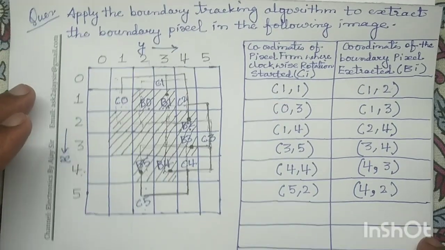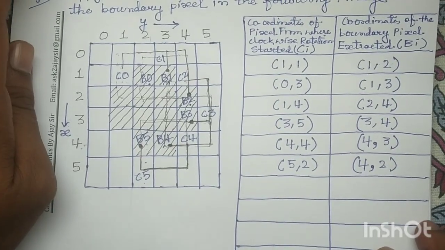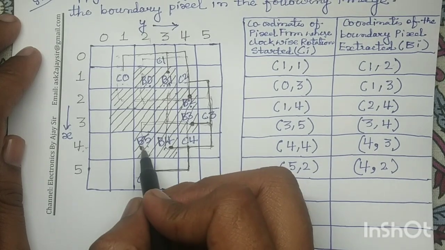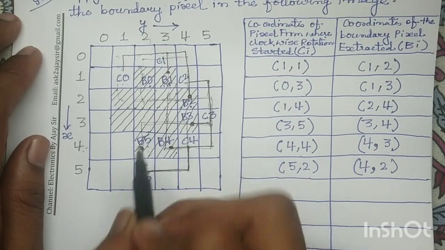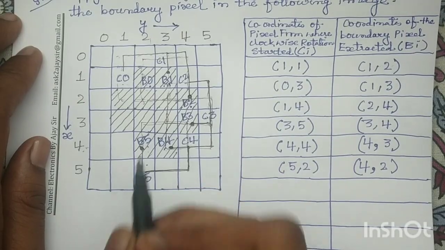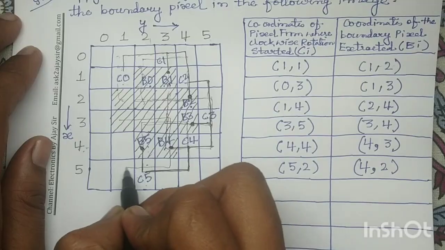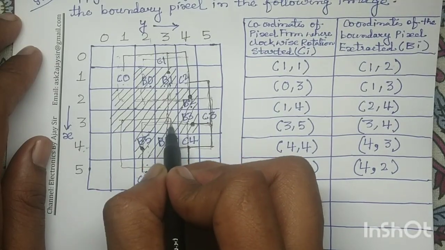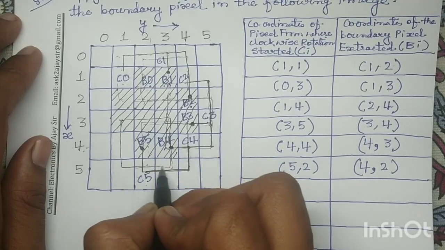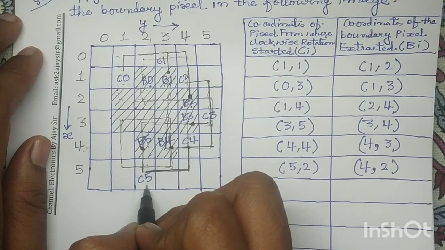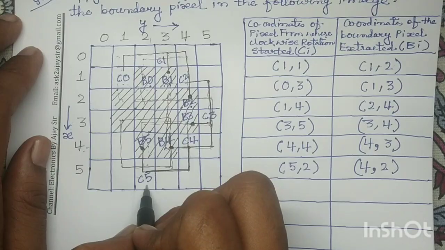Next, we will target the 8 neighborhood pixels of B5. The 8 neighborhood pixels of B5 look like this, and from C5 we will move in a clockwise direction and observe what is my next boundary pixel that we will reach.